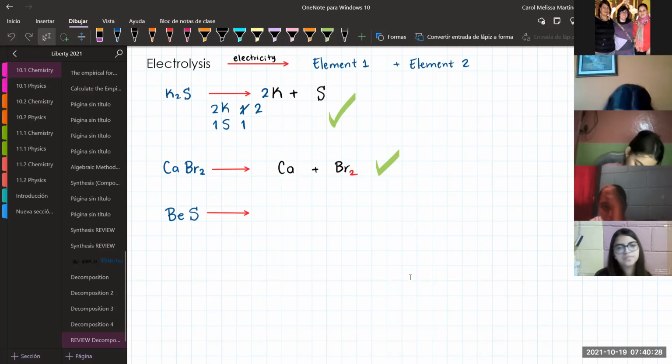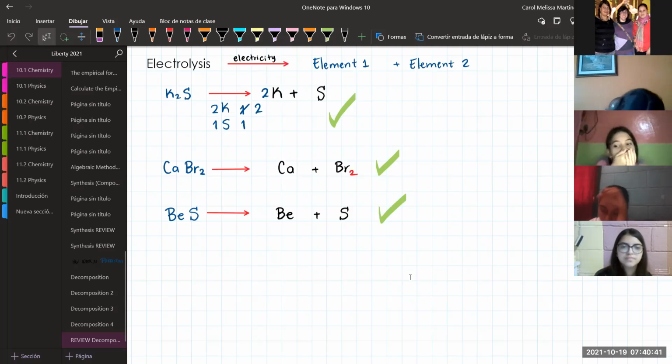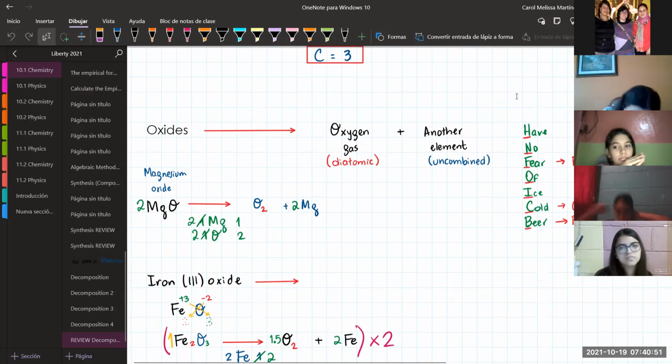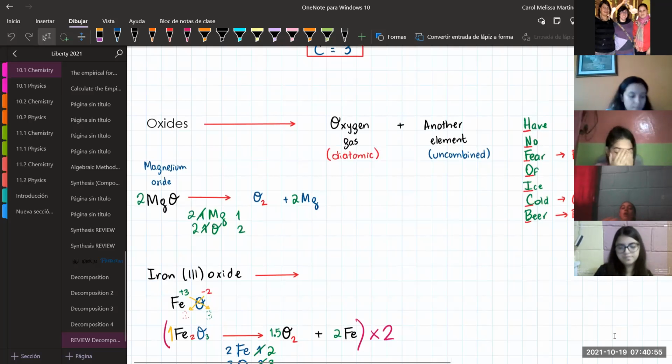Beryllium and sulfur, individually. It's already balanced. So you see, some of them are very simple, they will be already balanced. And some of them are also simple, but you need to know, all the time, what the diatomic elements are. I'm going to write the remaining elements here.